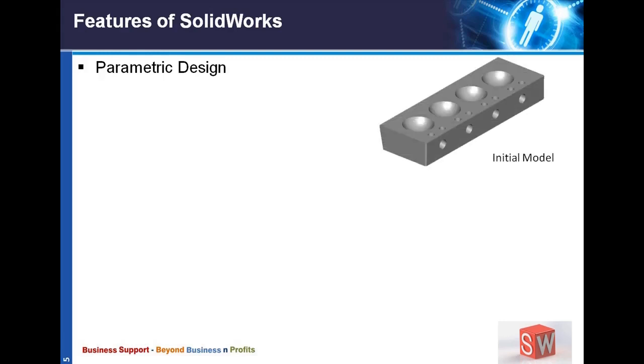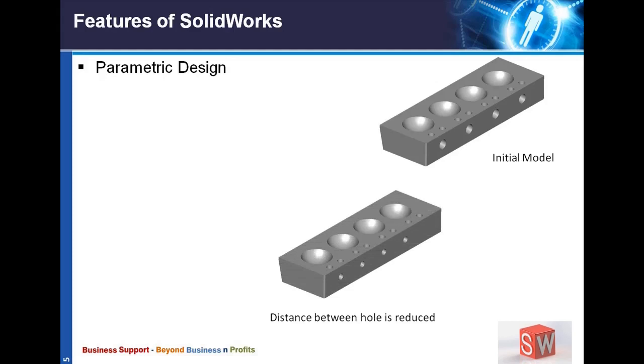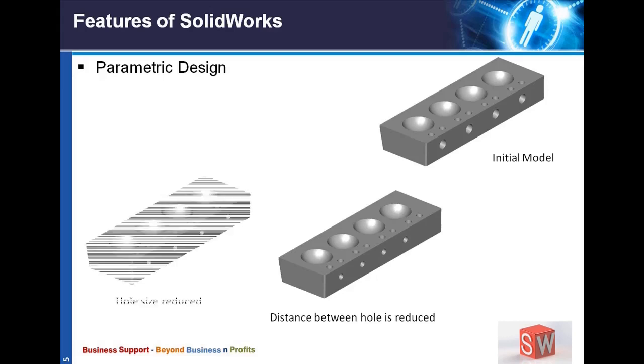Here we have an initial model, which is a cylinder head used in an engine. In the first image, you can see the initial model with 4 holes. Now I would like to increase the length of the cylinder head. When I increase the length of the head, or reduce the diameter of the hole, you can see the other design intent is not disturbed.